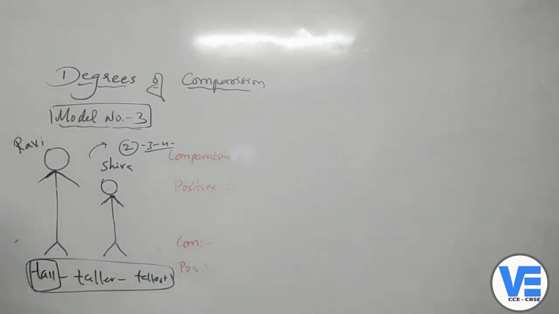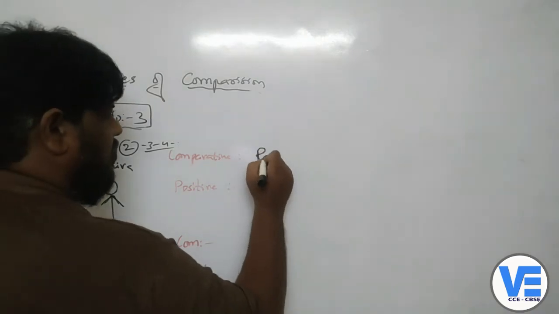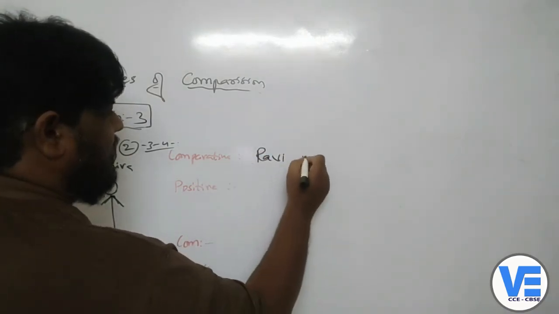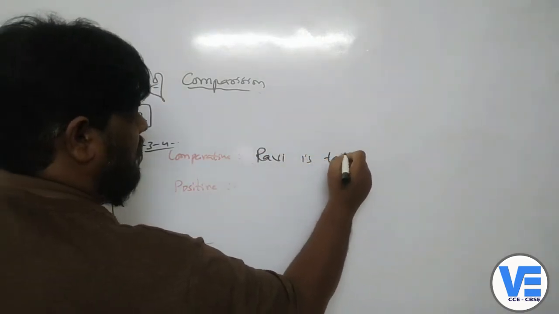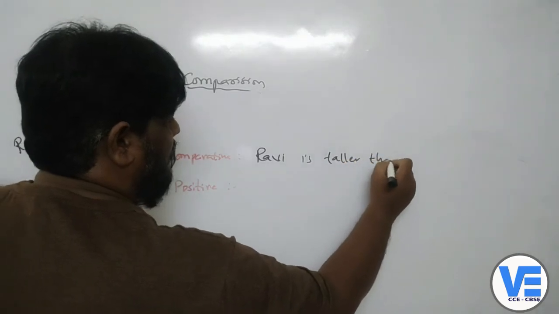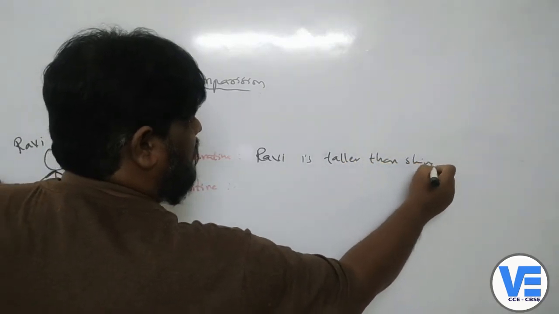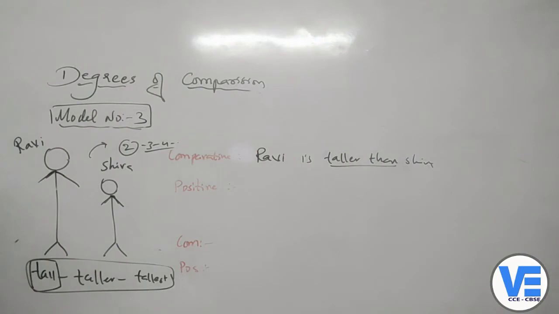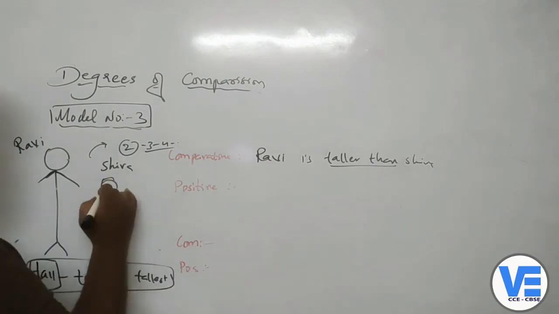Now how will you compare these 2 people? Now you can see that the comparative is very easy. Ravi is taller than Shiva, isn't it? Ravi is taller than Shiva, right? So Ravi is taller than Shiva. And now how will you use tall?